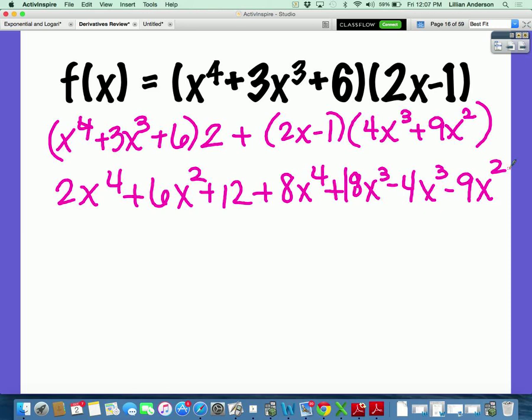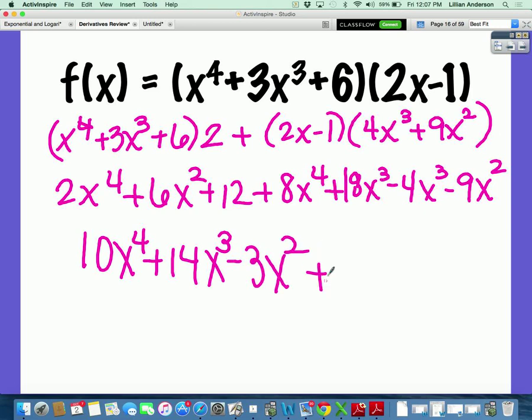So then I'm gonna combine my like terms to get 10x to the 4 plus 14x to the 3rd. It's not squared, it's 6x cubed. Yes. Okay, gotcha.